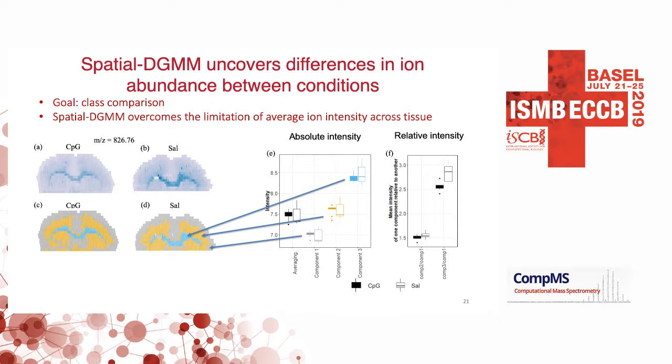We can see that actually for component 3, the CpG group has lower intensity than the saline group. Besides absolute intensity, you can also compare relative intensity like here, which is kind of doing normalization on the whole image. And we can see the difference between the 2 classes is larger in the relative intensity.